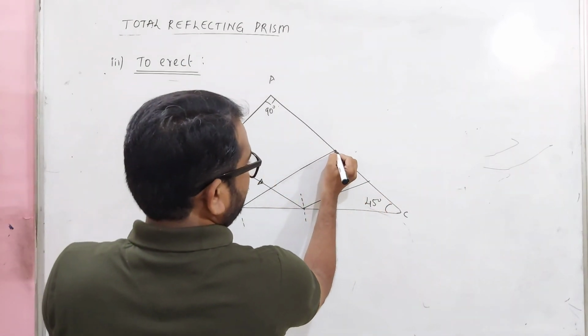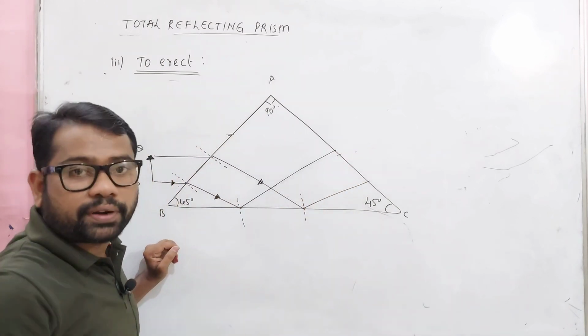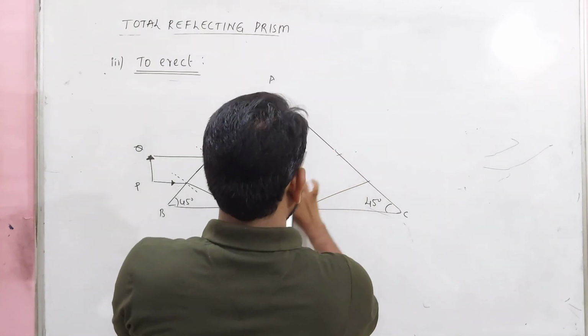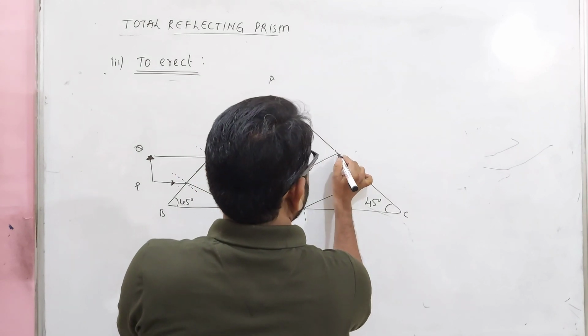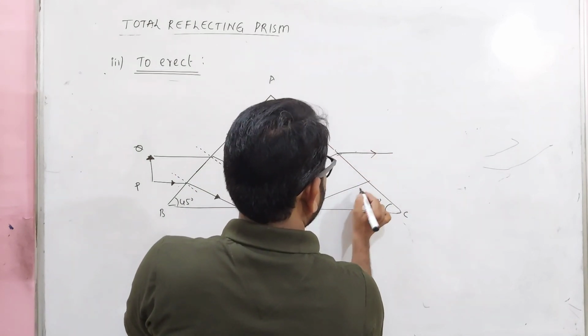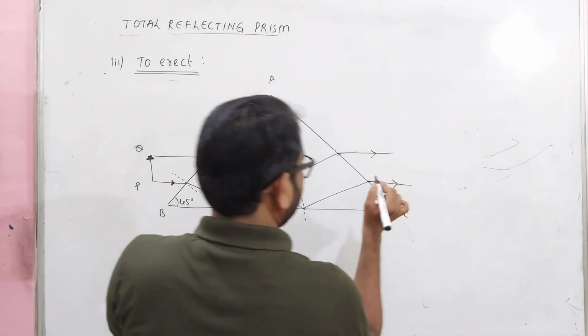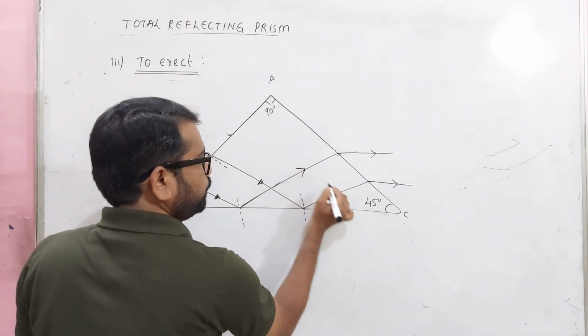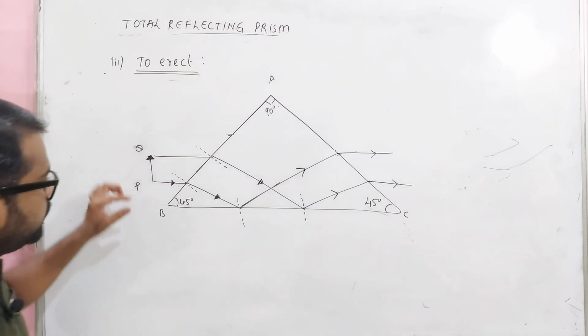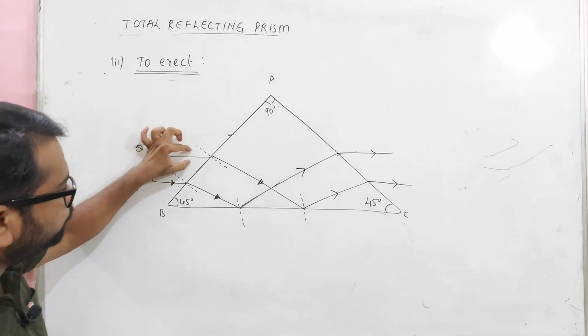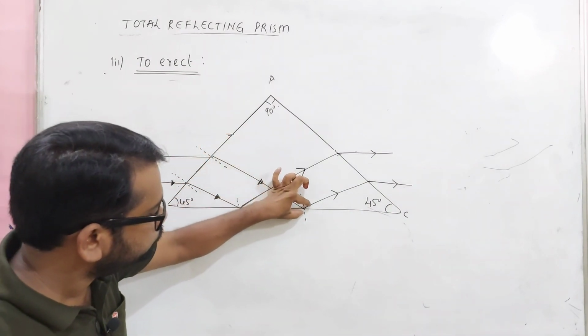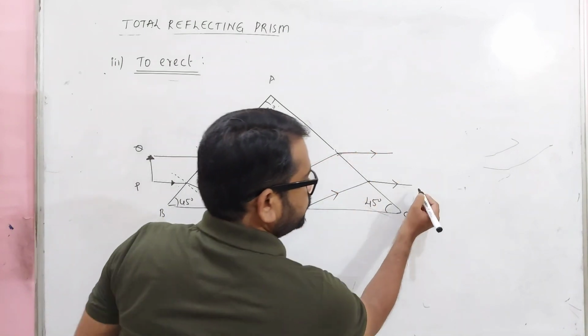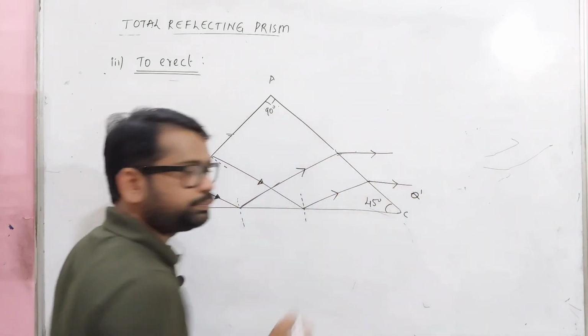Now at this point what will happen? Denser to rarer, normal refraction will take place. So this light ray will go like this, and this light ray also will go like this. Now look at this, very important thing. The light ray which is coming from Q will give Q dash.